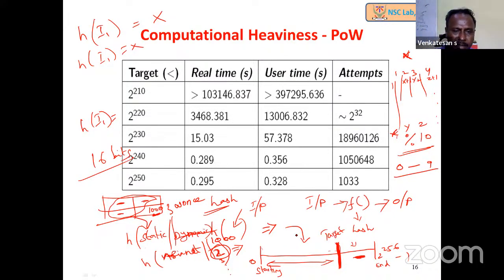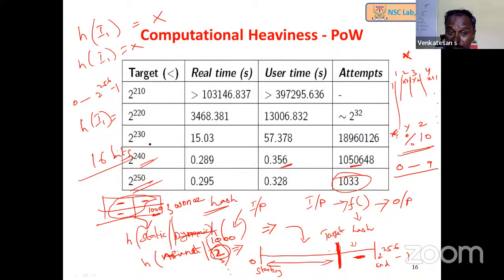So the algorithm will produce an output between 0 and 2 power 256 minus 1. The first target I put is 2 power 250, and that took 0.328 seconds to solve the puzzle, and it made 1033 attempts. When I go for 2 power 240, it took 0.356 seconds, and these many attempts were done.